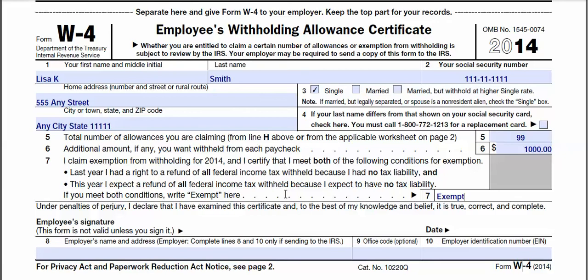If you do not feel that you're going to be exempt in that new year, then you would complete a W-4 with box 5 listed as the number of allowances that you would like to claim for that year. So keep that in mind.